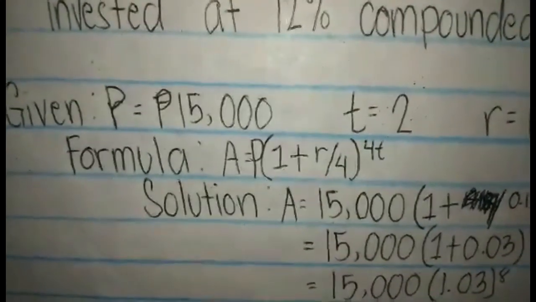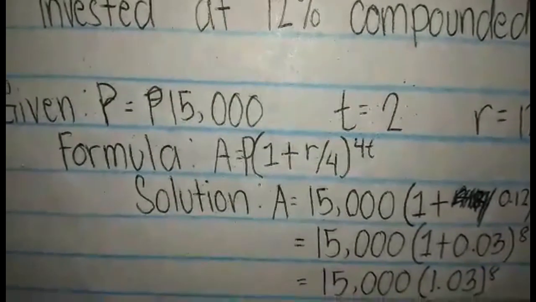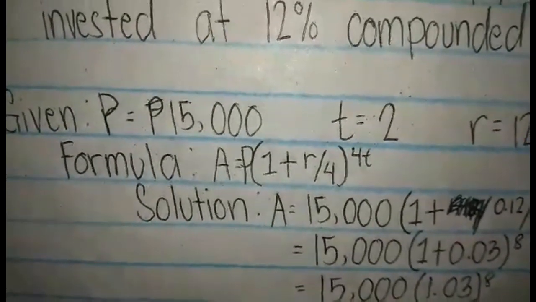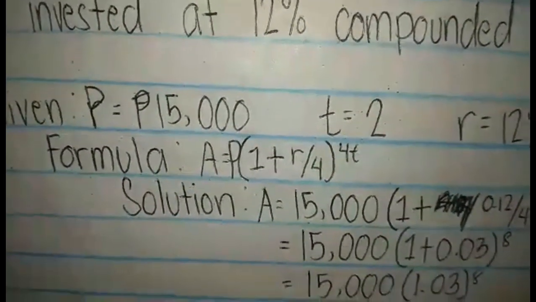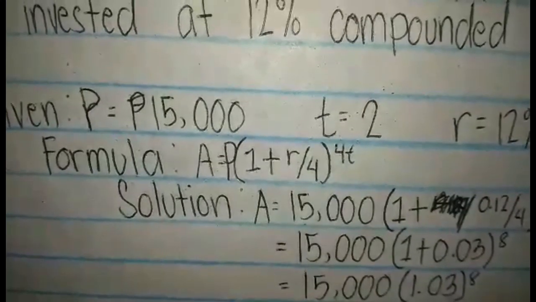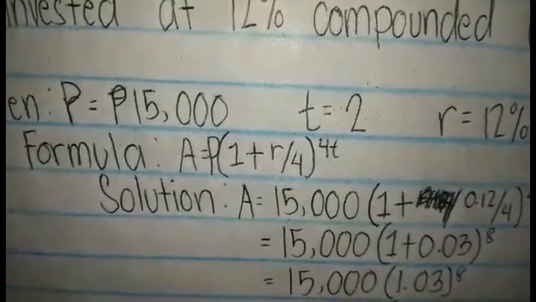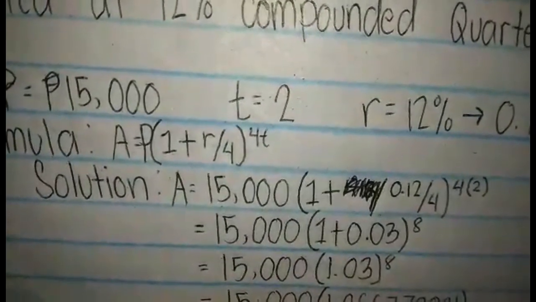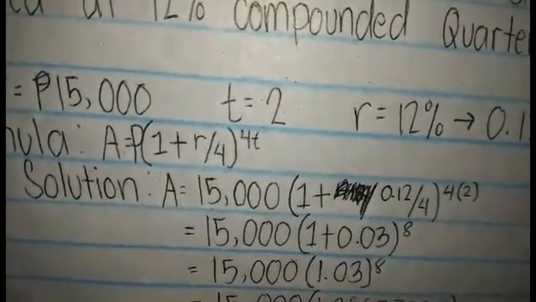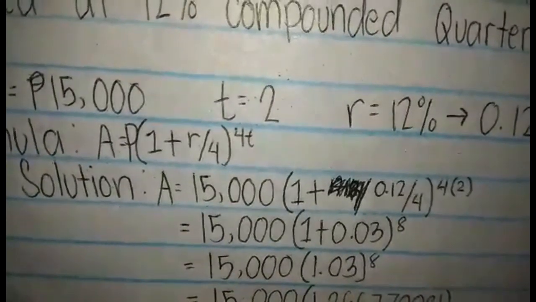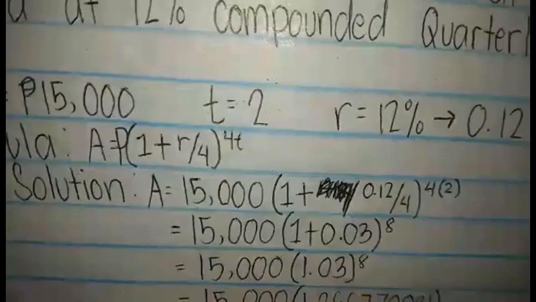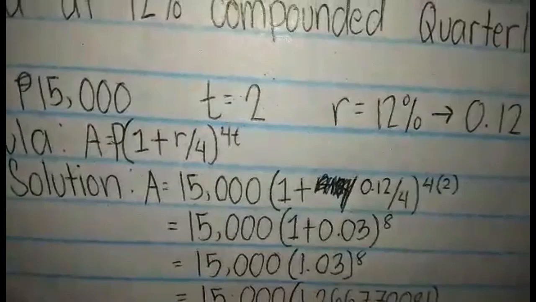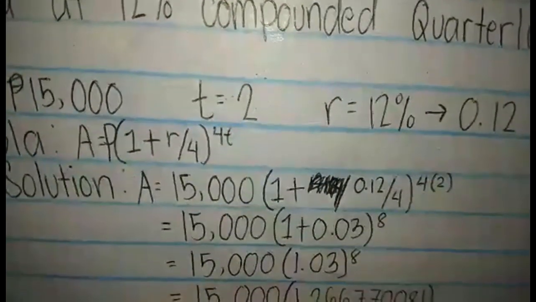The formula is A is equal to P, quantity of 1 plus R over 4, raised to 4 multiplied by time. And the solution is A is equal to 15,000 quantity of 1 plus 0.12 over 4, raised to 4 multiplied by 2.